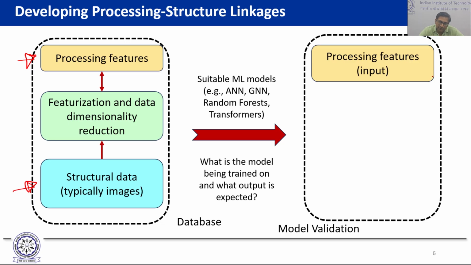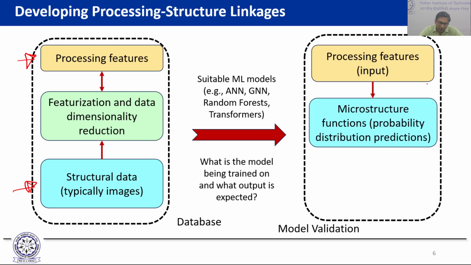You will need some input in order to make the prediction, and the input would come in terms of your processing features. Once you know your processing features, you should be able to generate the microstructure functions, the probability distributions, or at least the set of reduced features which appear in your training data set.